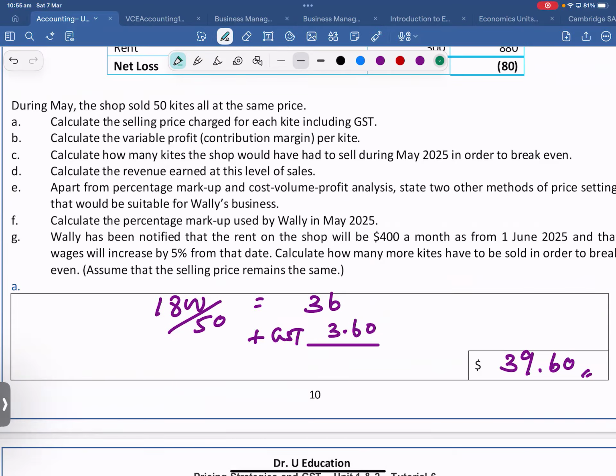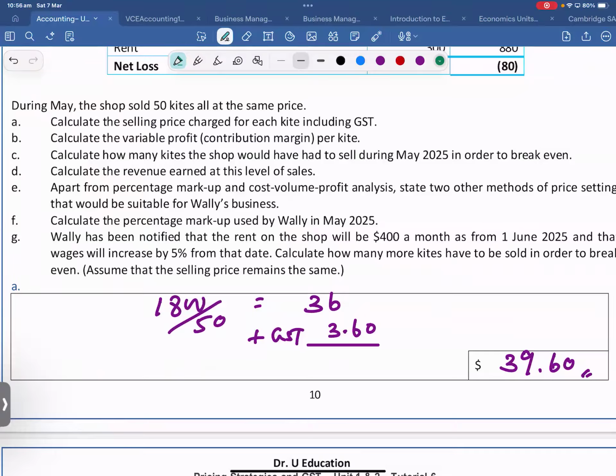Okay, so it cost him 1000, and then how much is the selling price? 800. Yes, 800.